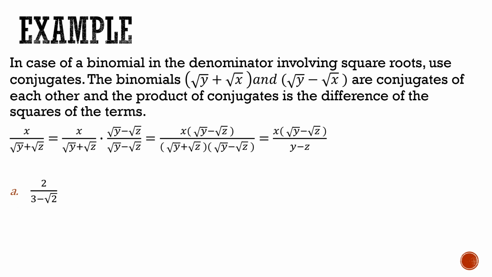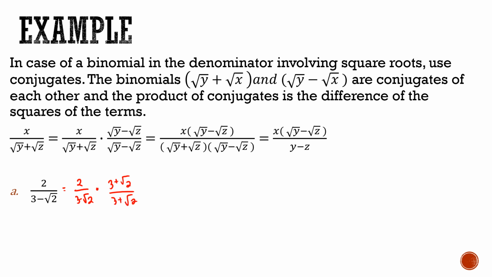Example, 2 over 3 minus square root of 2. So we will just be getting the conjugate of 3 minus square root of 2, which is 3 plus square root of 2. So we can rewrite this as 2 over 3 minus square root of 2 times the conjugate, which is 3 plus square root of 2 over 3 plus square root of 2.